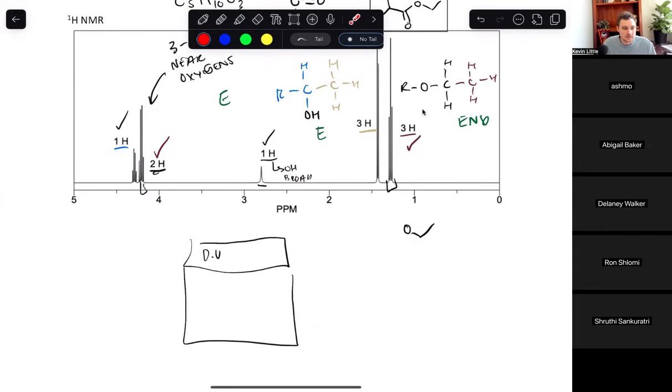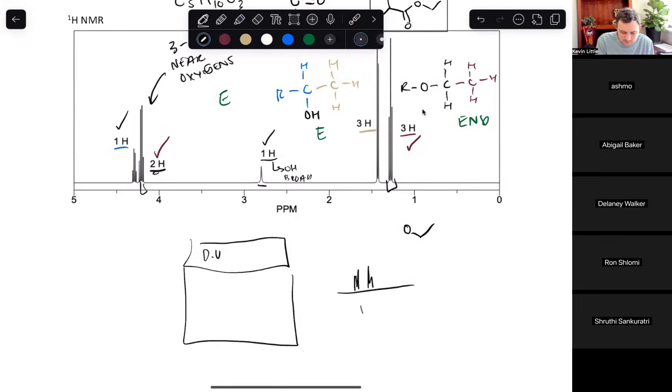The other major pattern, which is something someone just asked, is do you need to be able to draw benzene as ortho, para, etc.? You don't need to tell me that it's ortho or para, but recognizing that doublet as a para substituted benzene, as a benzene with two groups here, will save you a lot of time.